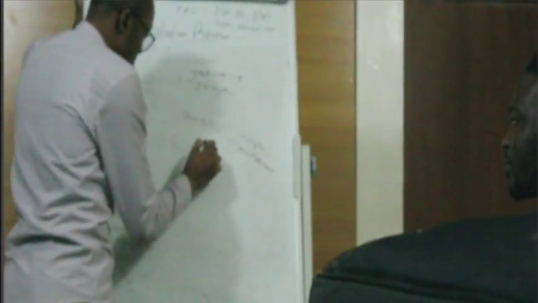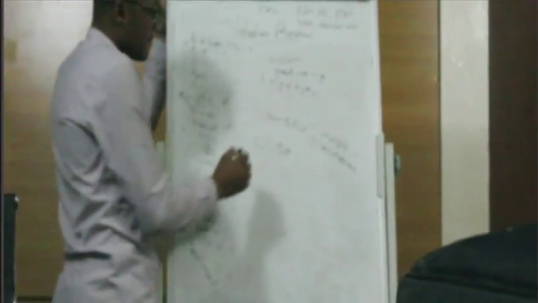Okay. The company buys a machine. Cost is 50 million. Useful life, 5 years.